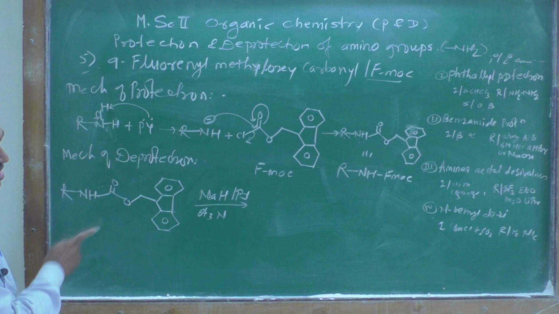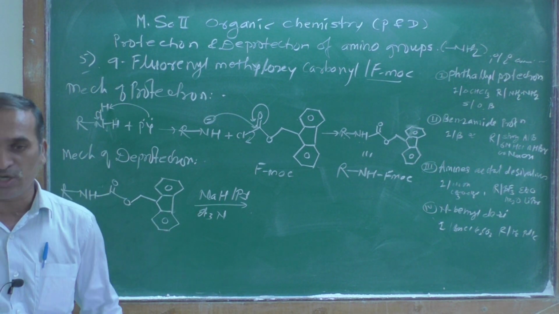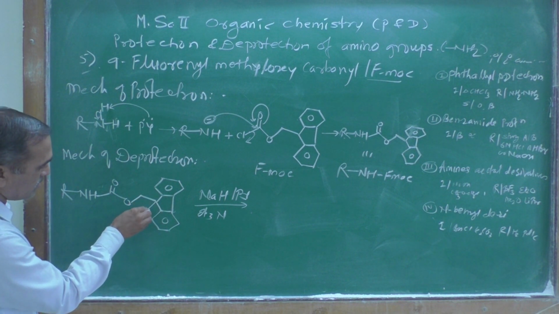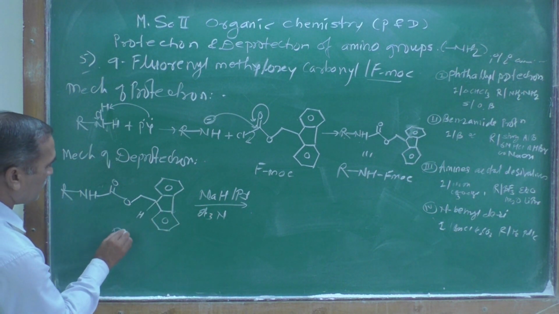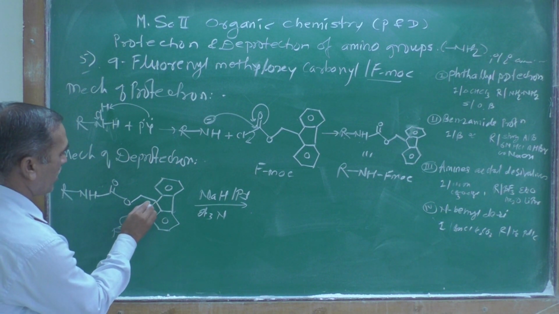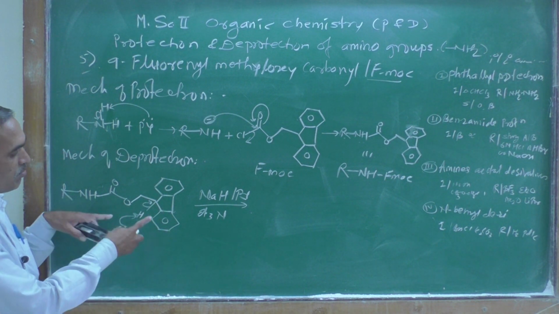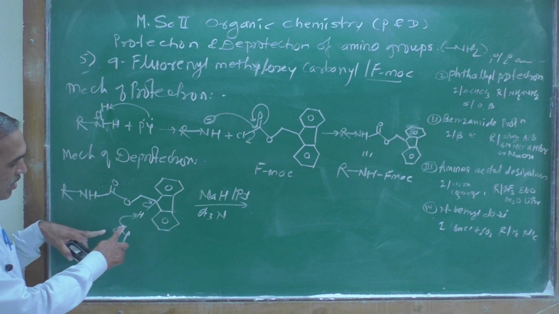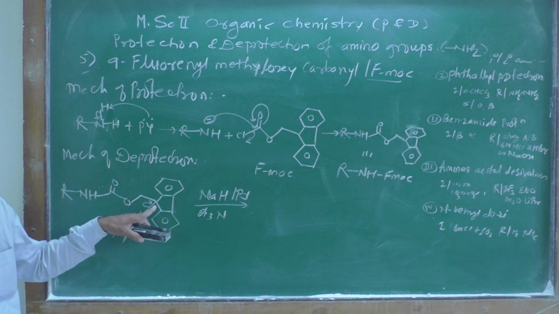But that is not the case here, because here we are using a base, and as we know the function of a base is to remove the acidic proton. Here this is an acidic proton, and it will be picked up by this base to form a carbanion. Observe this reaction carefully. This pyridine will pick up the proton, and the bonding pair left here forms a negative charge.